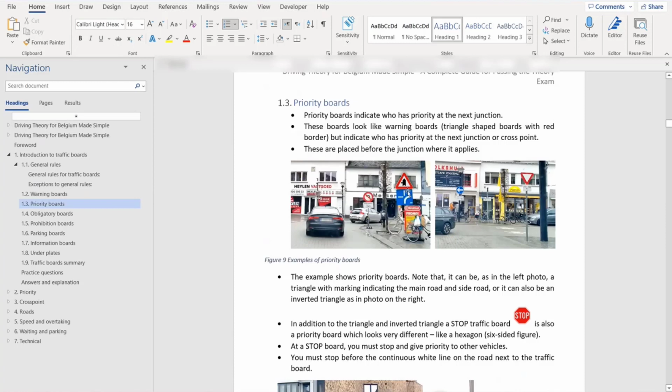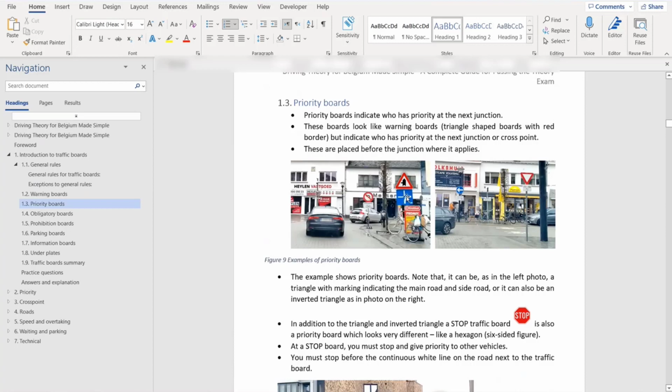So one of the ways you can identify this board is that it will look like a warning board, but then there will be one thick line and one or more thin lines inside it. So you should read this board always from bottom to top. Boards are always read bottom to top or left to right.